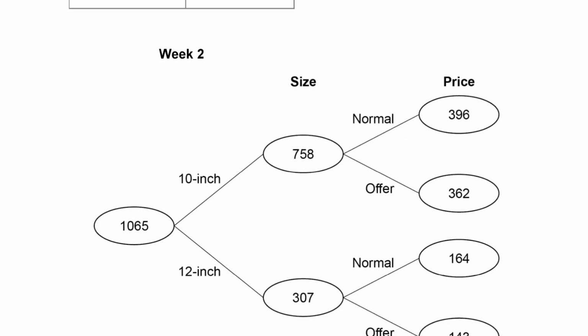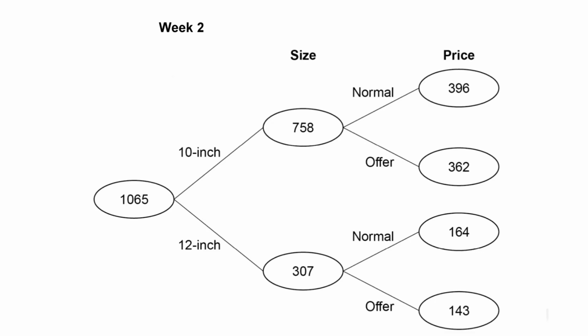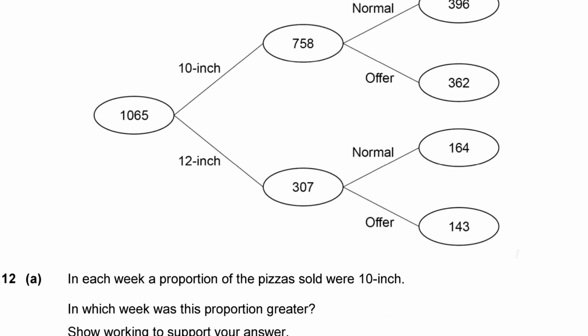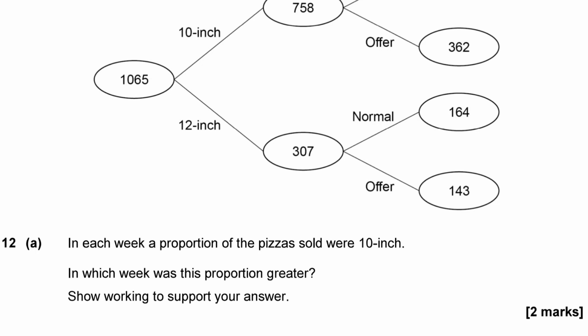Underneath we have what's called a frequency tree, which is a little bit harder to read, but I'll explain that in a minute. So 12A says, in each week a proportion of pizzas sold were 10-inch. In which week was this proportion greater? Show working to support your answer.